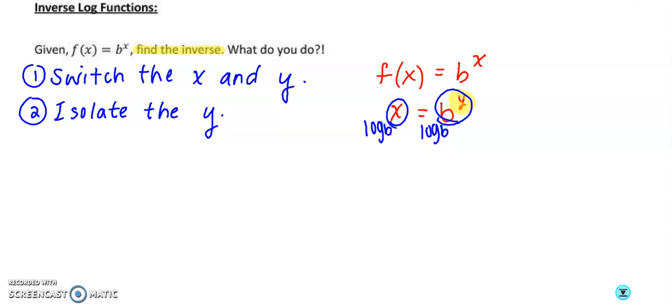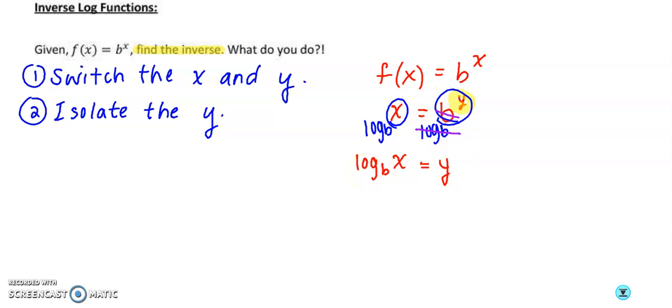So the right side, here's what happens. The log base b cancels with the base b of the power, and that means on the right, all we're left with is y. All right, the left side, we're just going to rewrite it, just make it a little bit neater, log base b of x. So notice a few things here. The y is by itself, and notice how what was exponential form is now in logarithmic form.